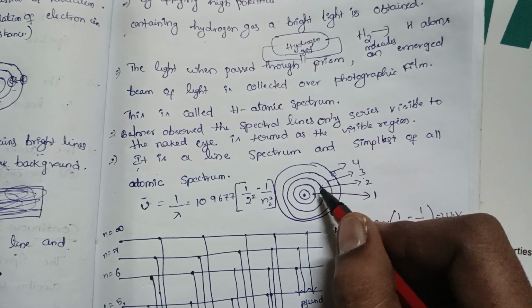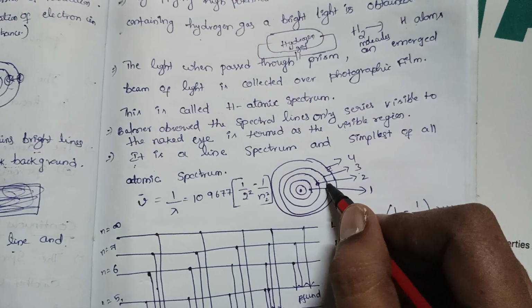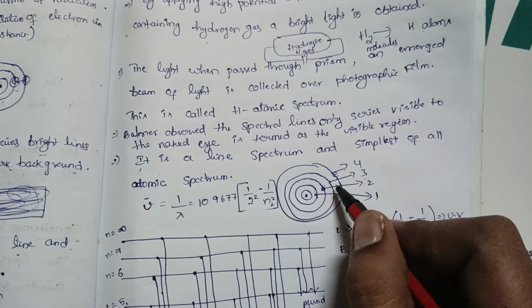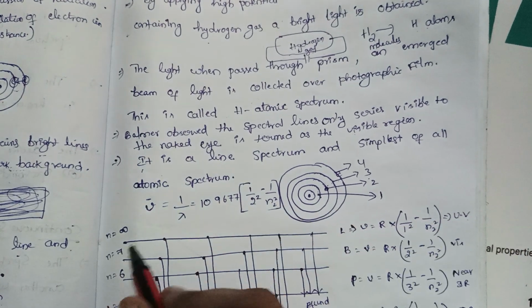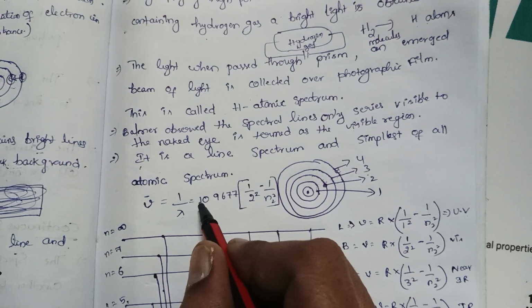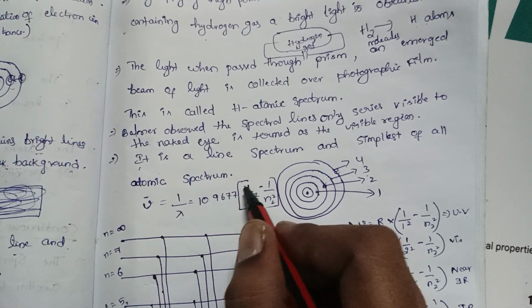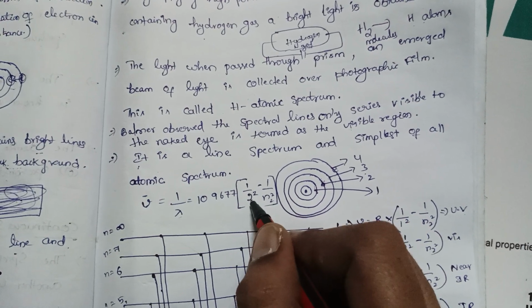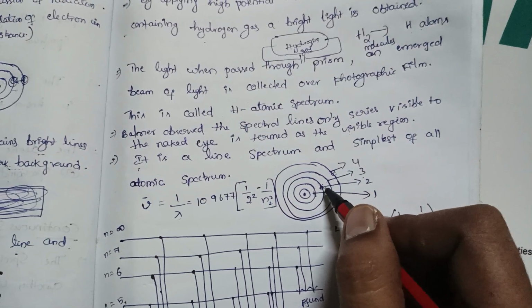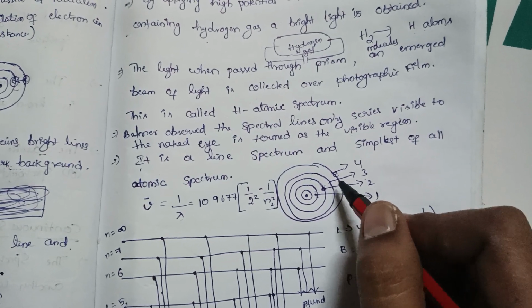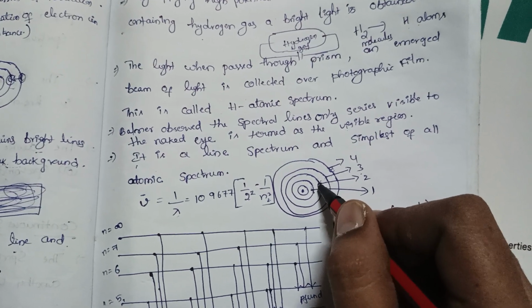To find the energy difference between two energy levels, and the wavelength and wave number, he gave an equation: nu bar equals 1 by lambda equals 109,677 into 1 by 2 square minus 1 by n2 square. Here 2 square means he observed a series when electrons jump from a high energy level to the second orbit.